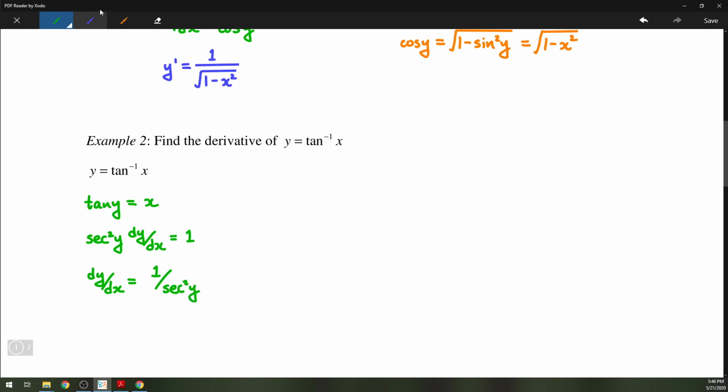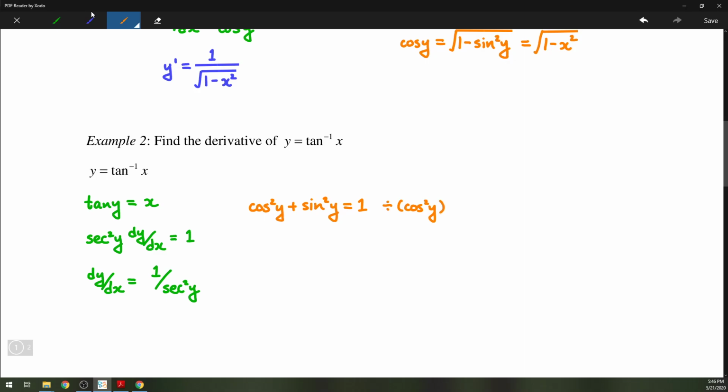Now, the Pythagorean identity that we used earlier, cosine square y plus sine square y equals 1, we'll be using that again. But you'll notice that it doesn't contain any secant squares or tangents. So we are going to divide both sides by cosine square y.